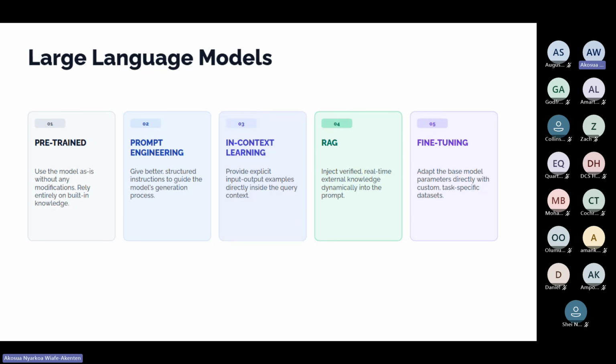Then moving on, large language models. Large language models have become very, very popular. They are a type of artificial intelligence model trained on very large amounts of data. These models are able to learn from language data.